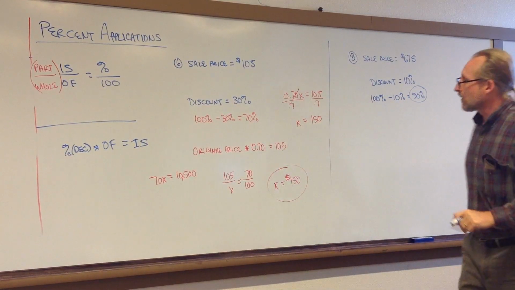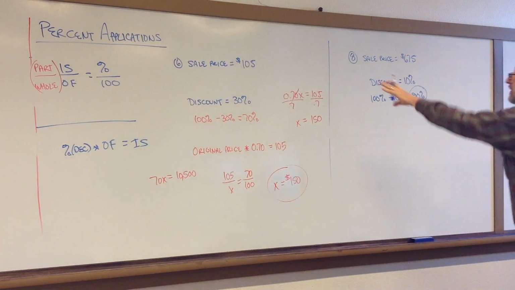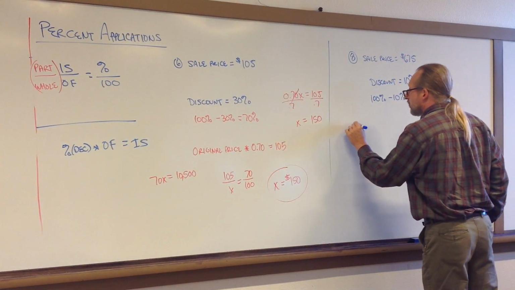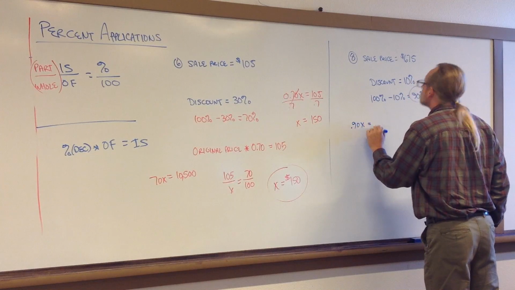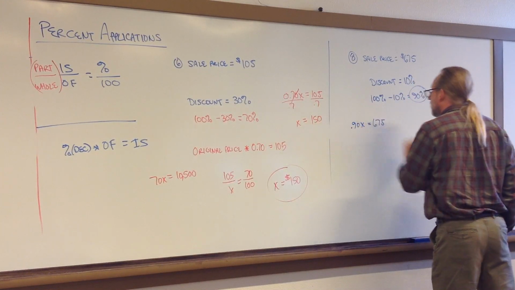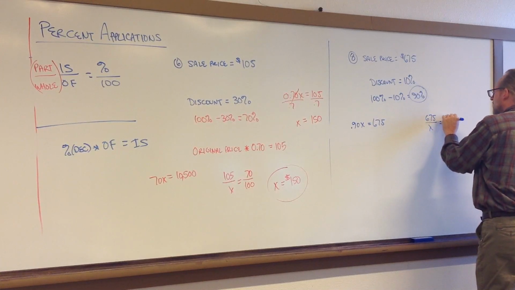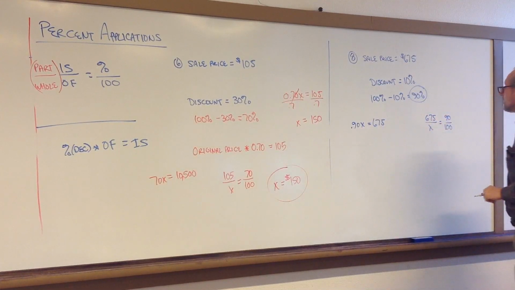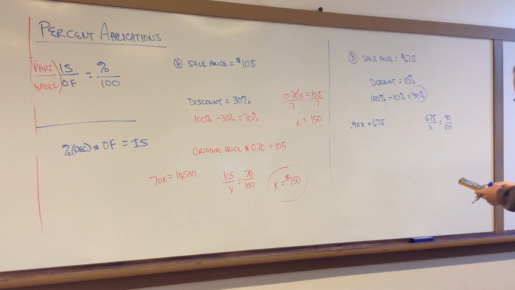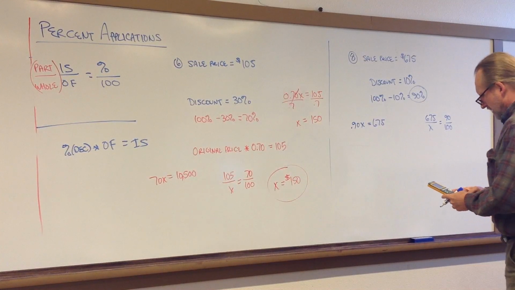Okay, and so now we're going to set it up the same way that we did over here. We can say 0.90 times x equals 675, or we can say 675 over x equals 90 over 100.